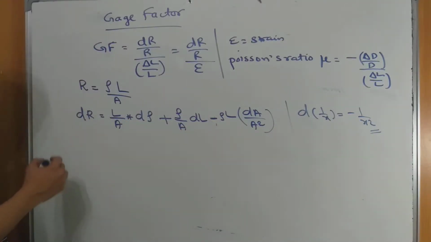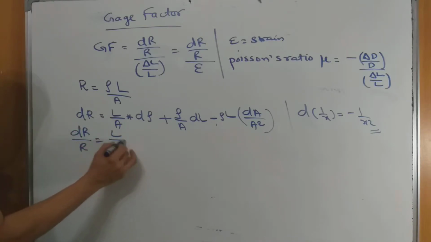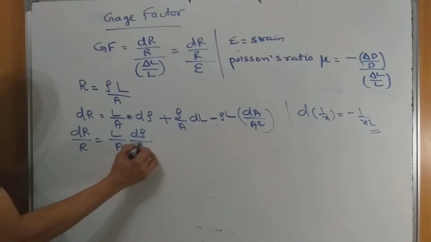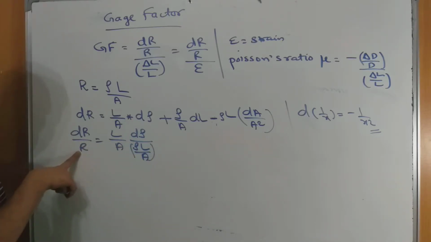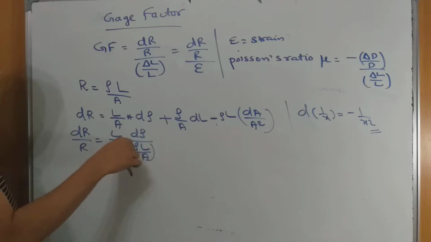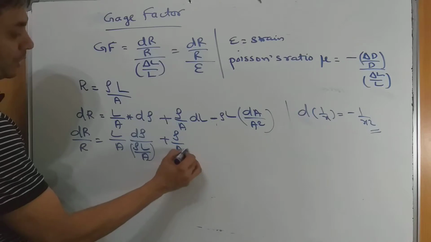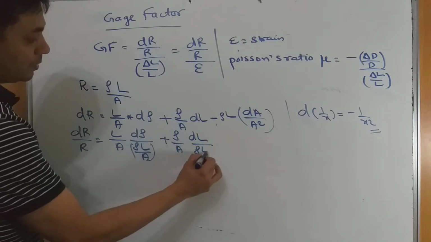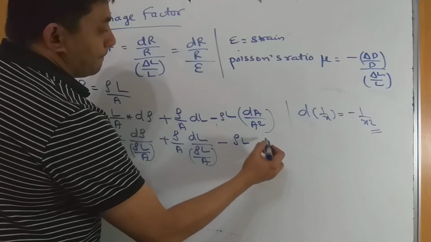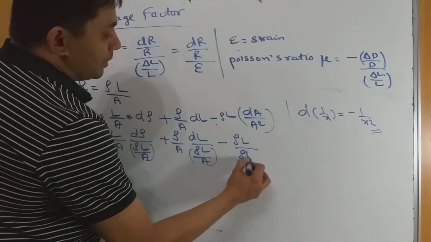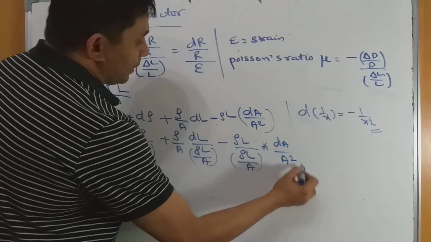The next step is that we divide the same equation by R. So we will get dR by R, because every term is supposed to be divided by R. We substitute the equivalent of R, which is rho L by A. So we get d rho times L by A, divided by rho L by A, plus rho by A dL divided by rho L by A, minus rho L divided by rho L by A times dA by A square.